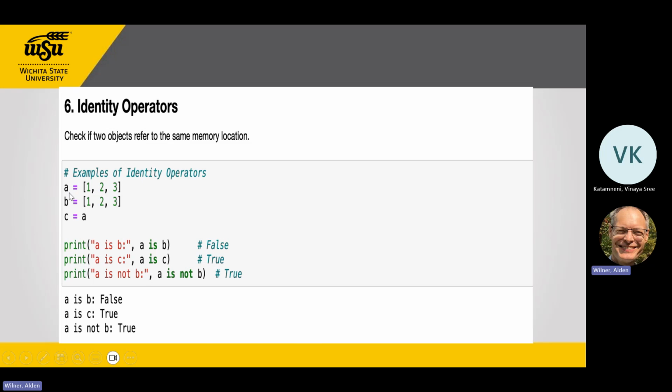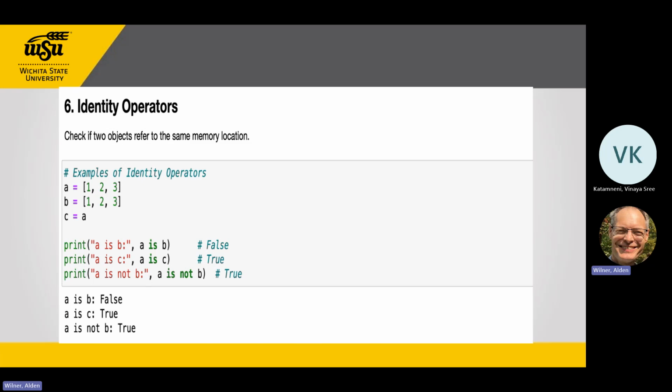So if I would create two lists, A equals 1, 2, 3, and B equals 1, 2, 3. Then I say C equals A. And the weird thing to see here is that A and B are clearly identical values, but they are two different lists. And when I say C equals A, I'm saying C go point to the same thing that A points to.